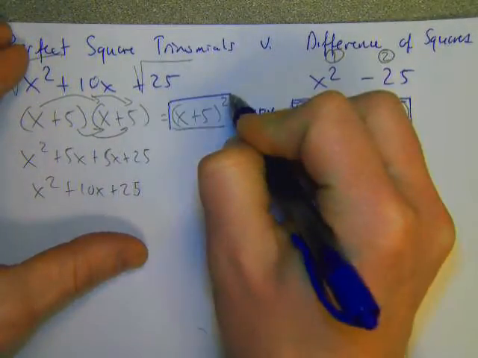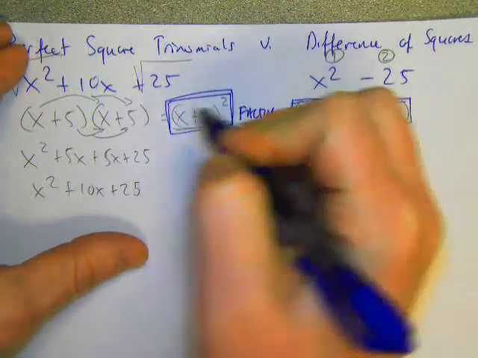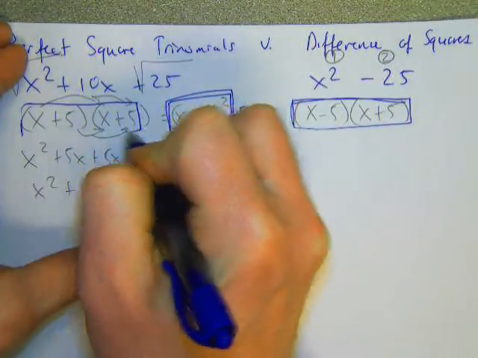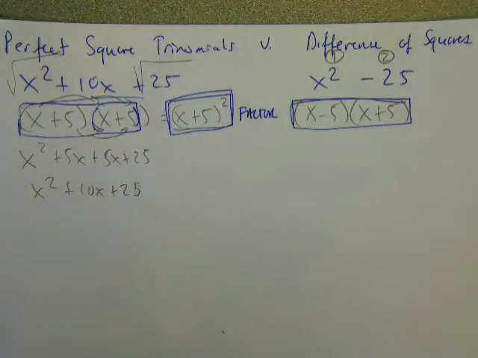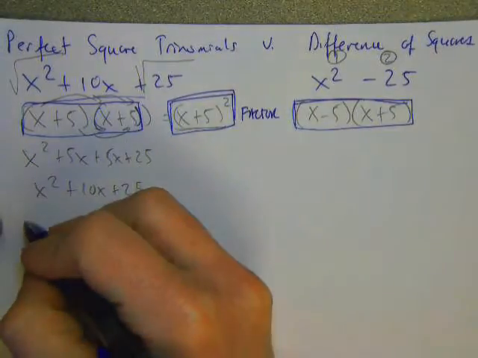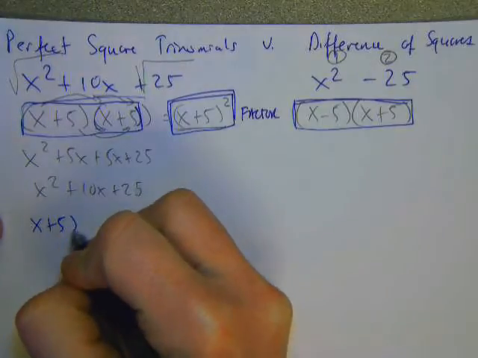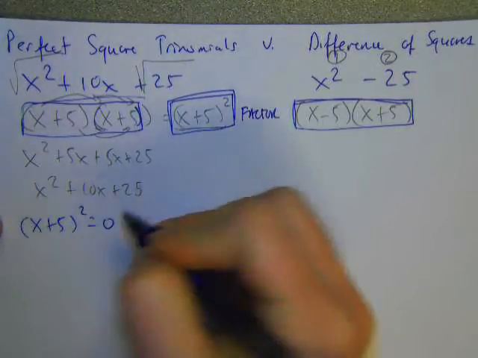We would be good with this, and it's preferred, and this would be acceptable. If we were asked to solve any one of these things, we would have to set each piece equal to 0.